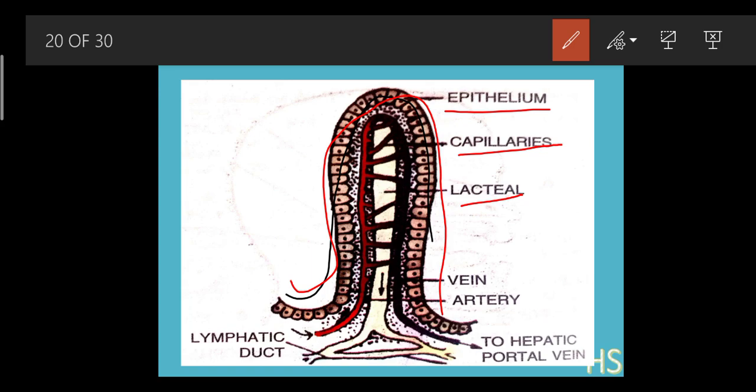This lacteal is whitish in color and consists of a lymph vessel. What is the function of the lymph vessels? To destroy any germs which enter our body, because it consists of WBCs.